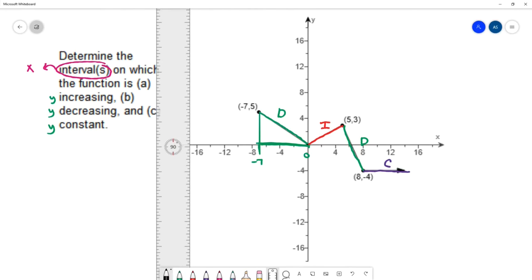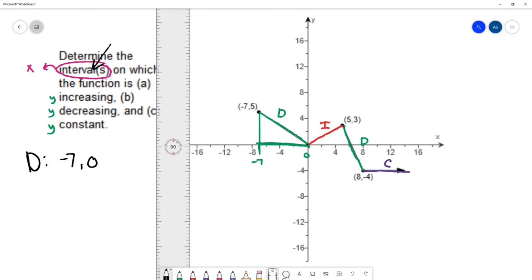So this function is decreasing from -7 to 0. Now, there is some debate about whether we use parentheses or brackets on these. And it depends on what type of interval you're looking for.